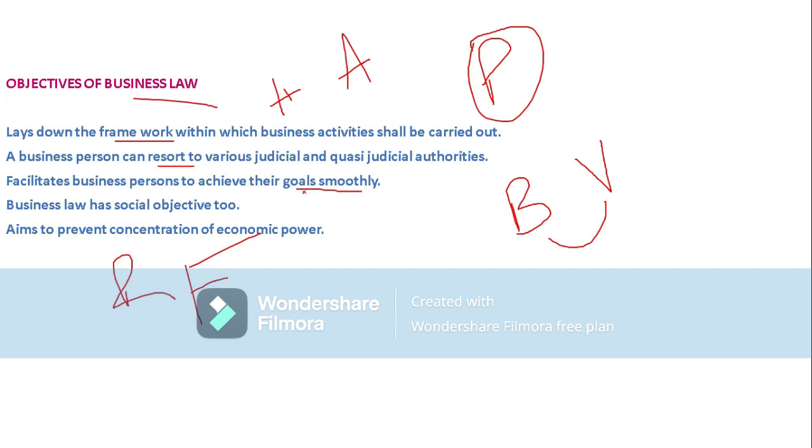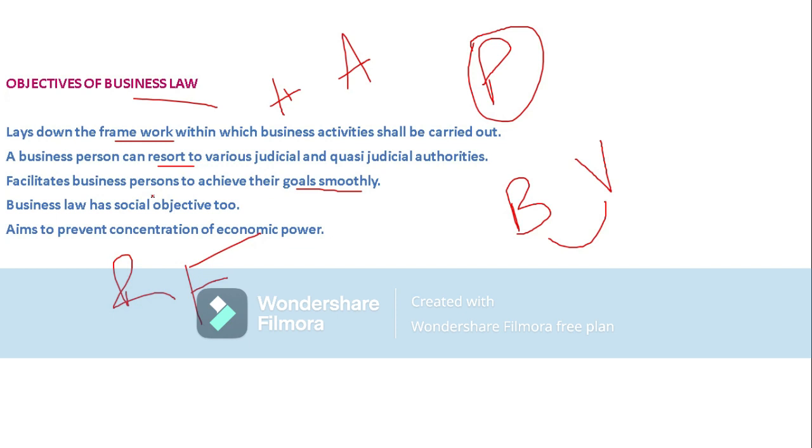If any mistake has been done, definitely the other person can go to the tribunal. So all these legal aspects will hinder their businesses. That's why, due to the fear of these business laws, it facilitates the business persons to achieve their goals smoothly.